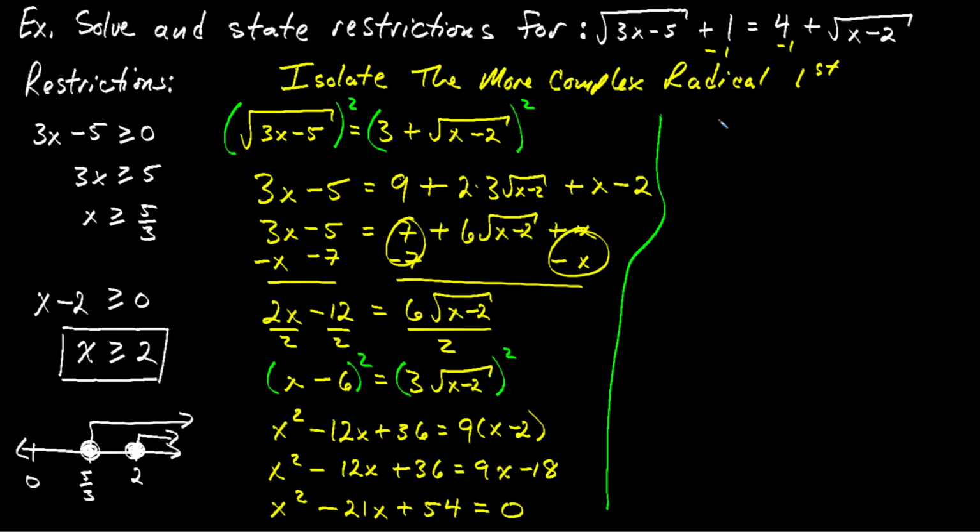So I'm just going to recopy that last line up here just so that I've got it. So x squared minus 21x plus 54 equals 0 becomes x minus 3 and x minus 18 equals 0. So we get x minus 3 and x minus 18 equals 0.